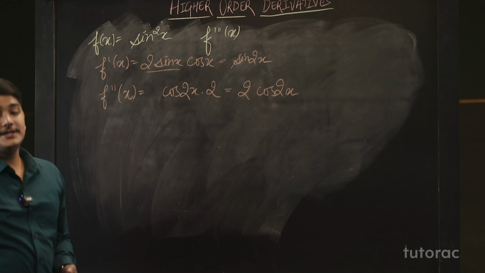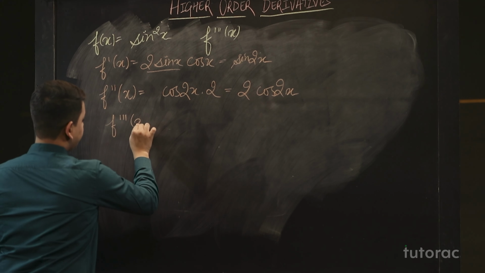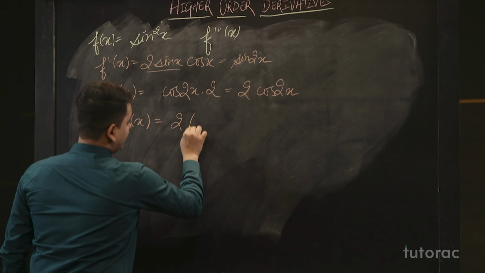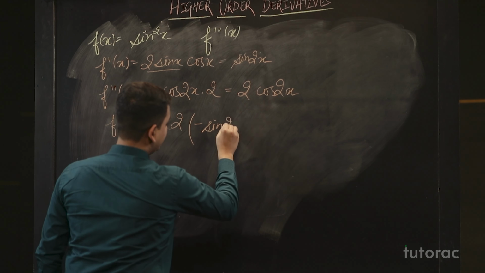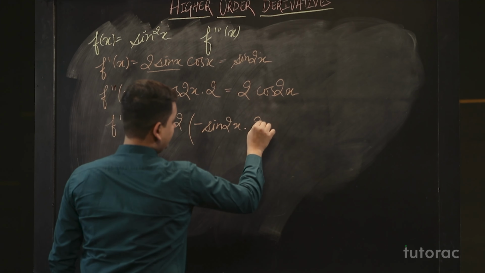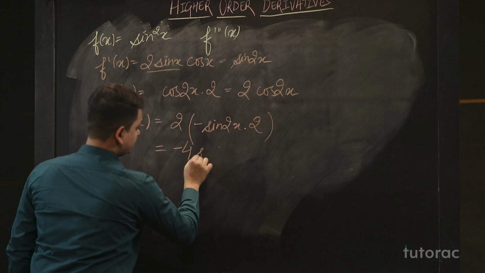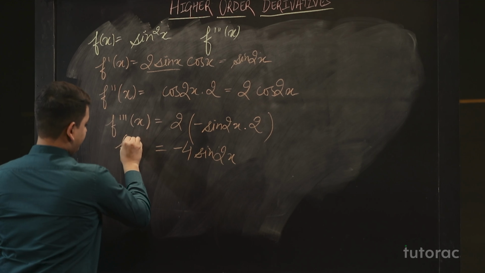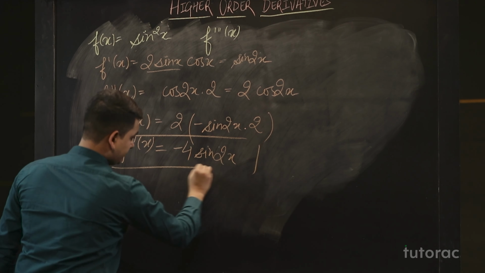Now again differentiating f''(x), I'll get f'''(x) = 2, and for cos 2x it will be minus sin 2x, and for 2x it will be 2. So finally I'll get minus 4 sin 2x as my third order derivative.